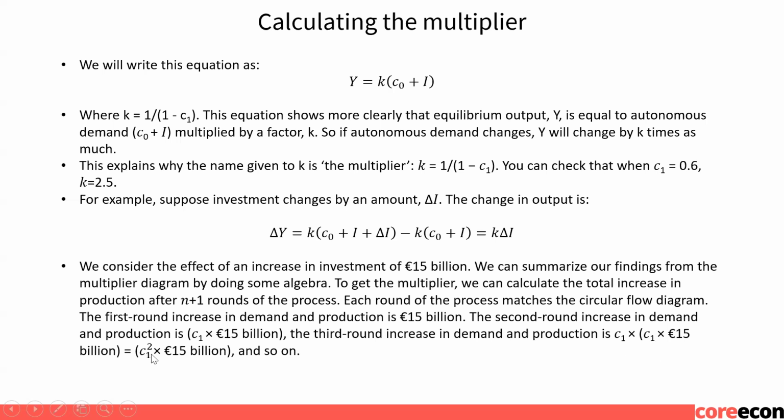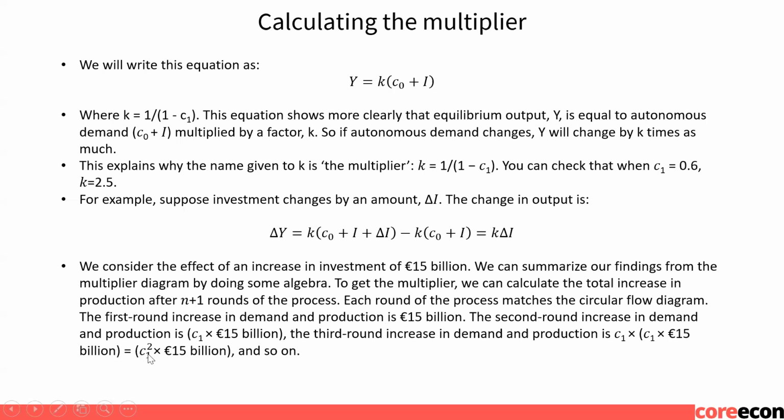I want you to notice a crucial pattern here. The first step, we don't have any C1, so we could think of that as C1 to the power 0, which is equal to 1, times 15 billion. So first step, the power is 1 minus 1. The second step, we have here C1 to the power 1. That's 2 minus 1.